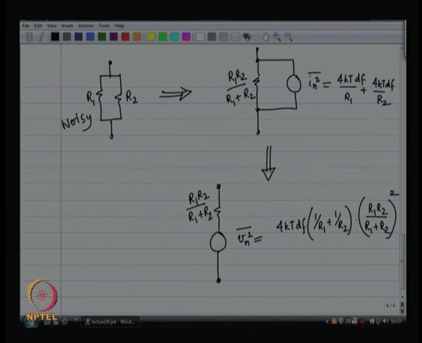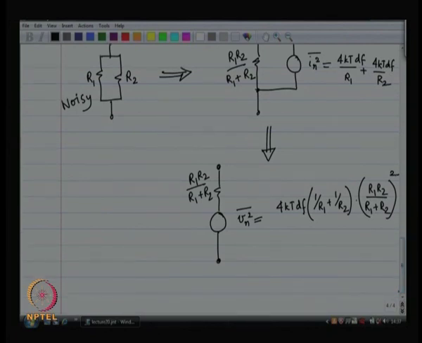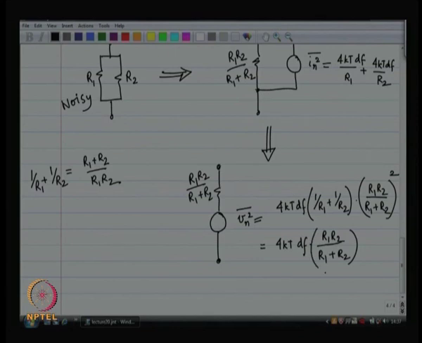All right. Now, I hope you have figured out by now that 1 by R 1 plus 1 by R 2 is really equal to R 1 plus R 2 by R 1 R 2. So, this is going to give me 4 k T d f times R 1 R 2 by R 1 plus R 2, which is the result that you expect.